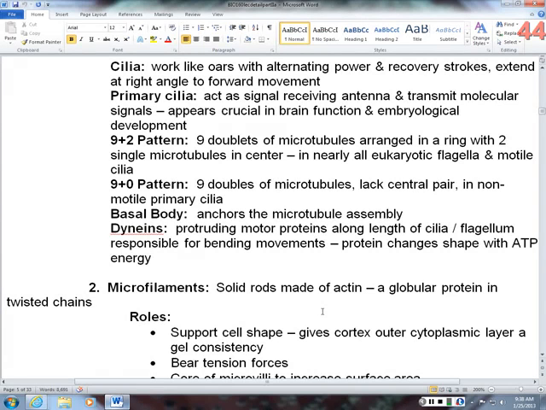They're going to help give that bending movement in there that are going to cause it to bend. And it's going to change shape when you use ATP for energy. So when it's got energy put in it, it's going to be one shape. When the energy is used up, it goes to the other shape. And it goes back and forth like this to cause that waving motion in there.